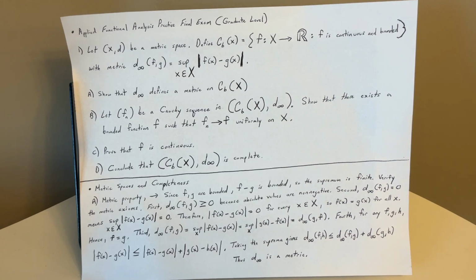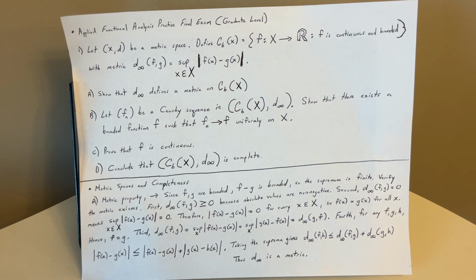And fourth, for any f, g, h, the absolute value of f(x) minus h(x) is less than or equal to the absolute value of f(x) minus g(x) plus the absolute value of g(x) minus h(x). And taking the suprema gives d_∞(f, h) is less than or equal to d_∞(f, g) plus d_∞(g, h). So that's that d_∞ is a metric.